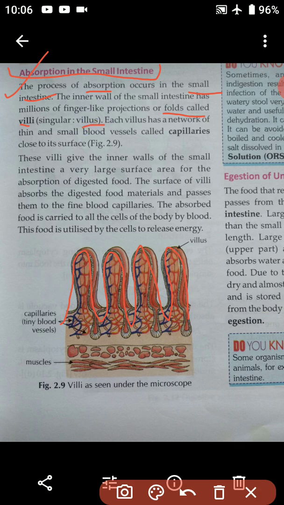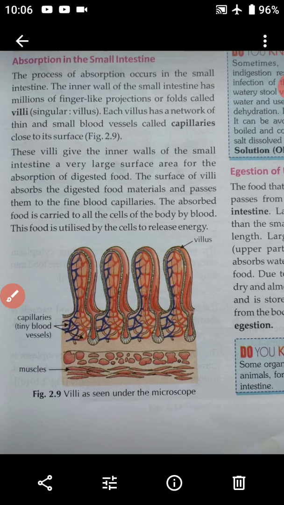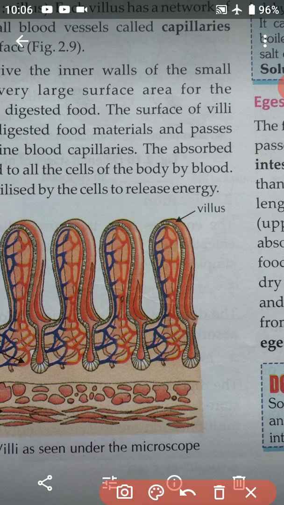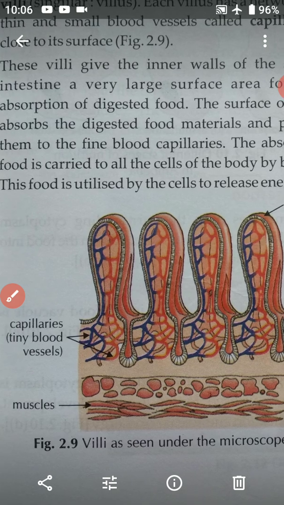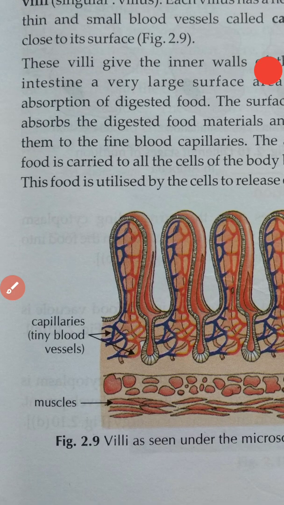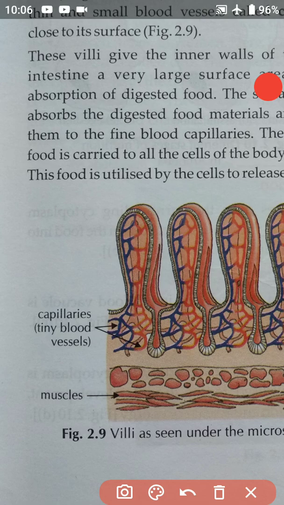Each villus has a network of thin and small blood vessels called the capillaries close to its surface. Students, here you can see that this is a villus, and this network-like structure you can see is known as the capillaries, the tiny blood vessels.